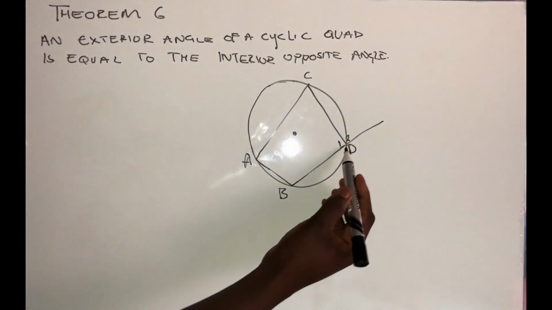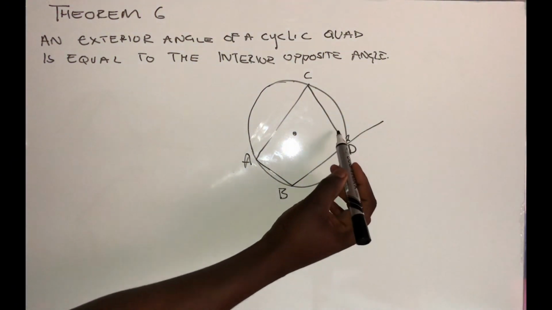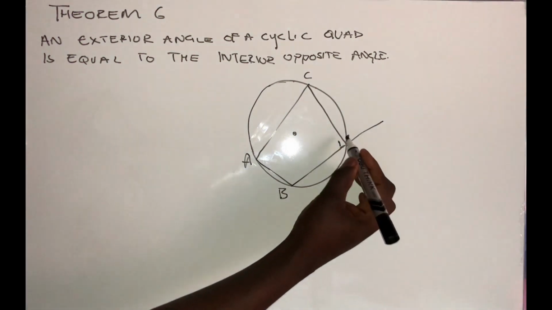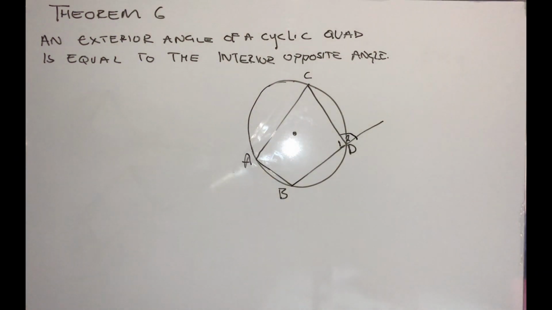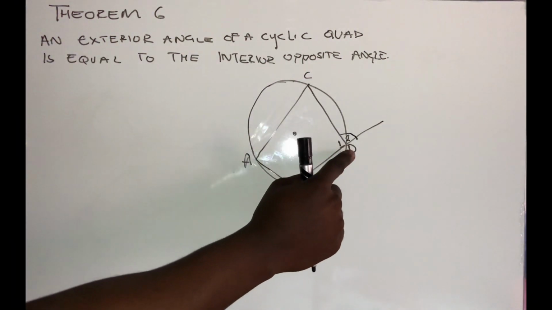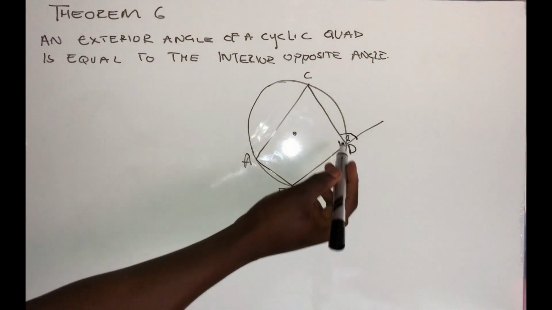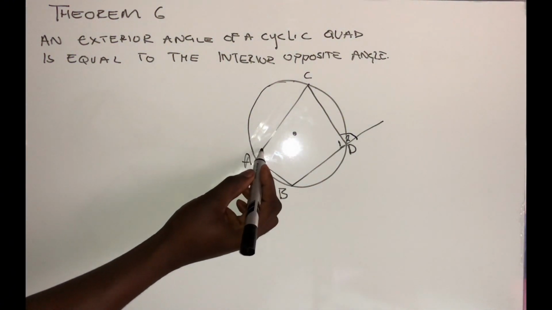And then we have an exterior angle of that cyclic quad, which we call D2. This statement says that D2 is equal to the interior opposite angle. The interior opposite is this one.